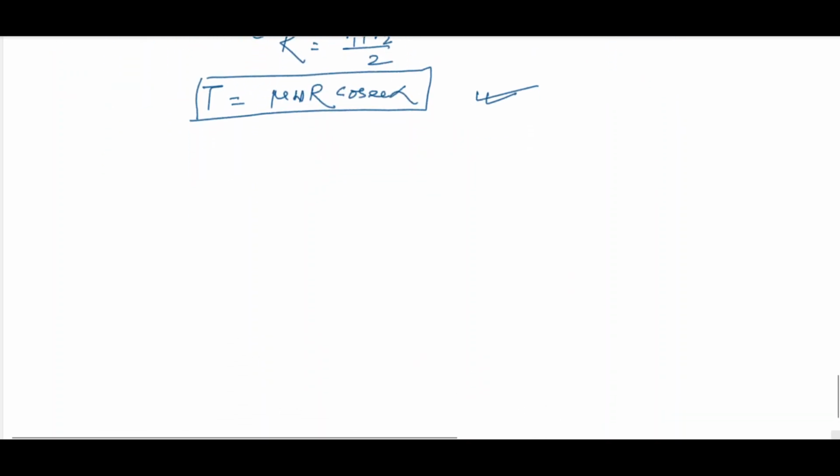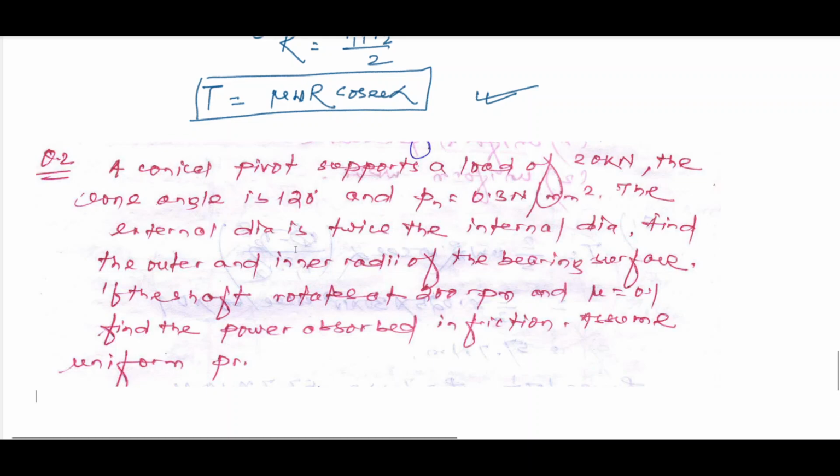Now let's solve one problem on this. Let's say it is given that a conical pivot supports a load of 20 kilonewton. The cone angle is given 120 degree and the normal pressure on the cone surface is 0.3 Newton per mm square.